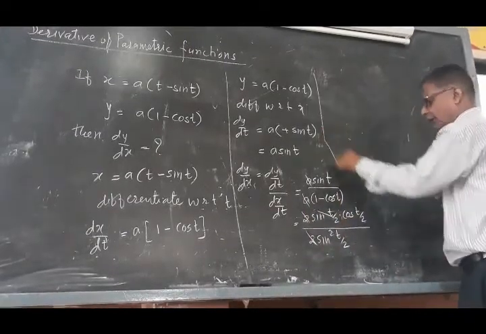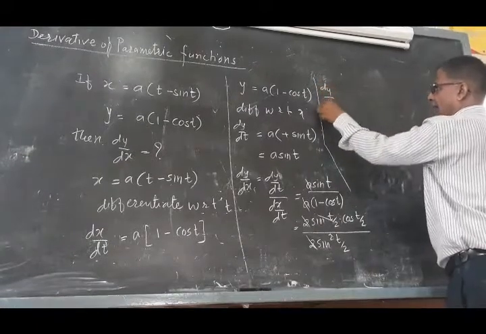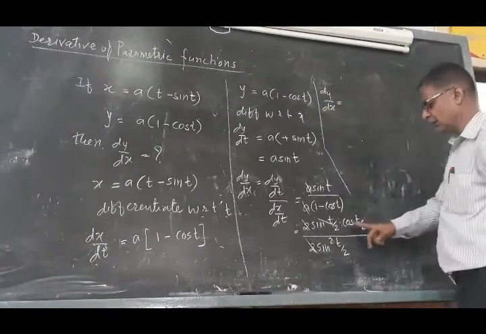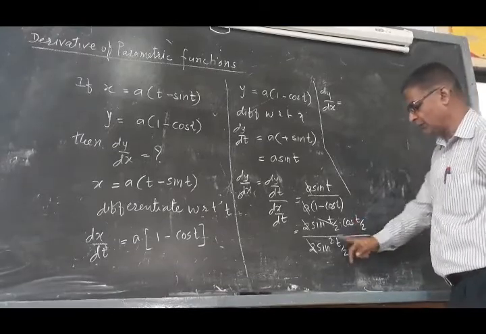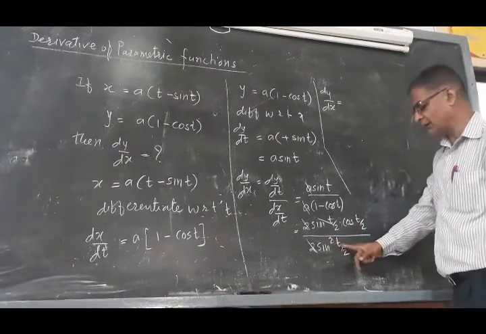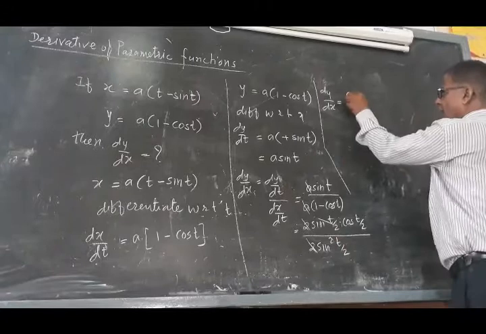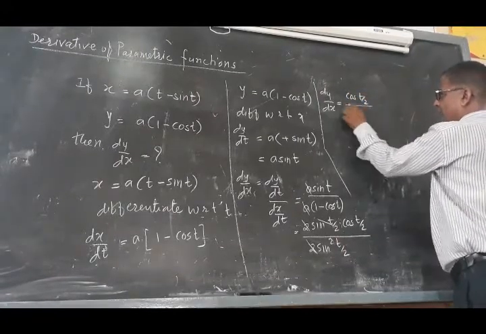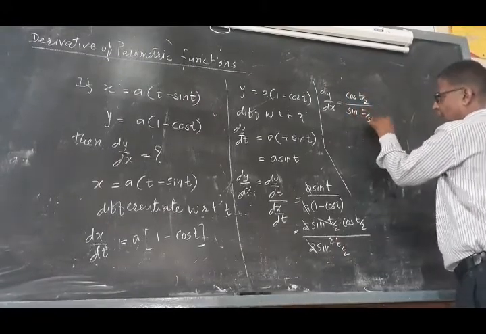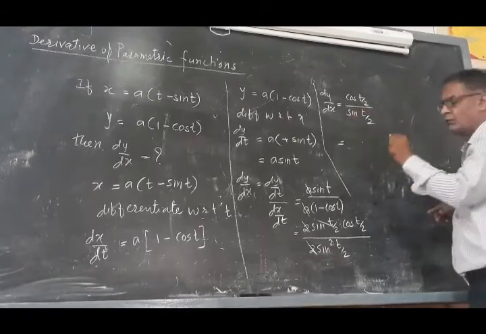So what is the result over here? dy upon dx is equal to cos t by 2, since one sin t by 2 gets cancelled and sin t by 2 remains. So cos t by 2 divided by sin t by 2. cos upon sin is cot.